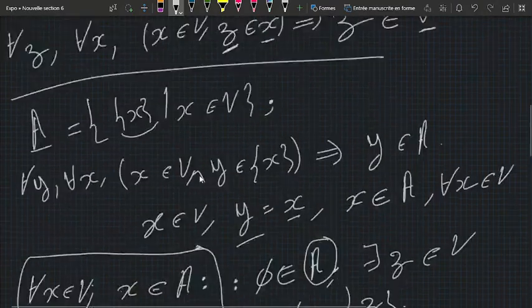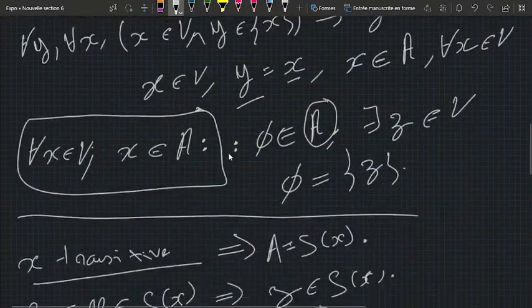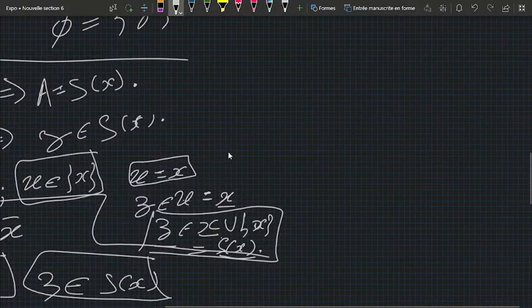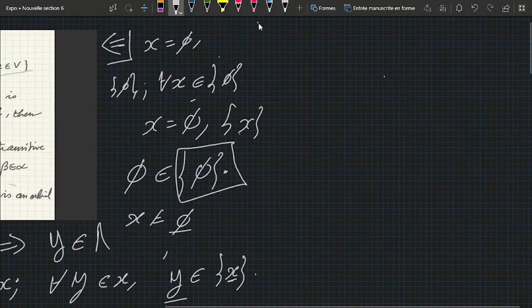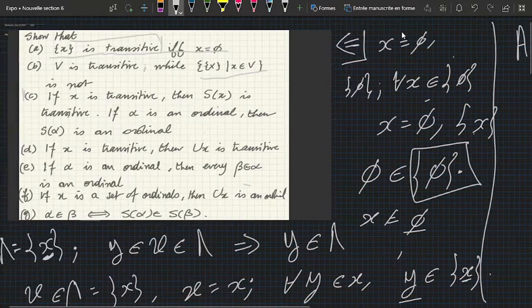Okay? We proved that if X is transitive, then the union over X is transitive. I will denote by A the big union over X, with X transitive.